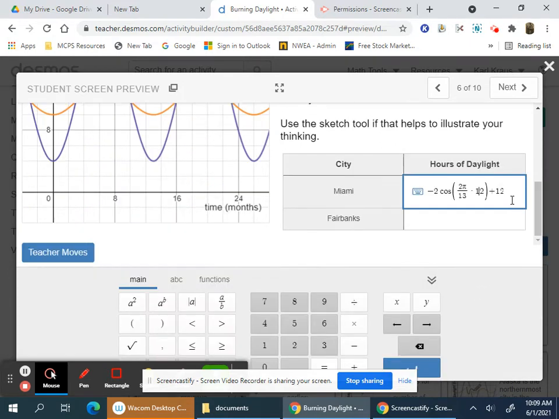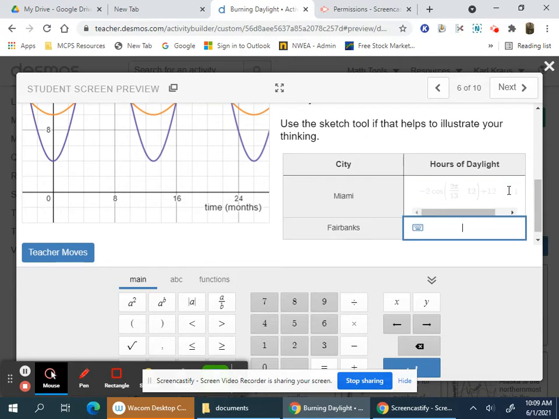Let me use this Desmos calculator to see what the answer is.